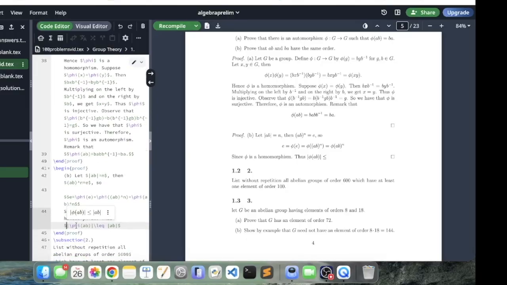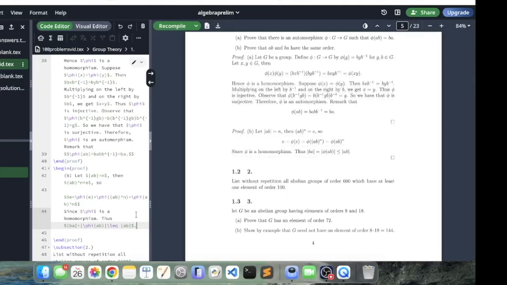But we also know that phi of AB, in A, we proved that that is the same thing as BA. So we have that the order of BA is less than or equal to the order of AB.